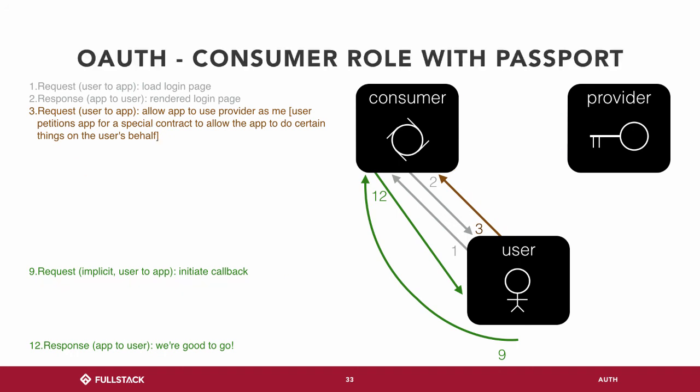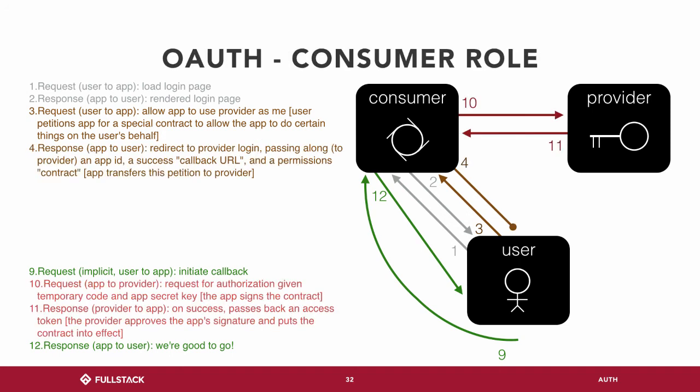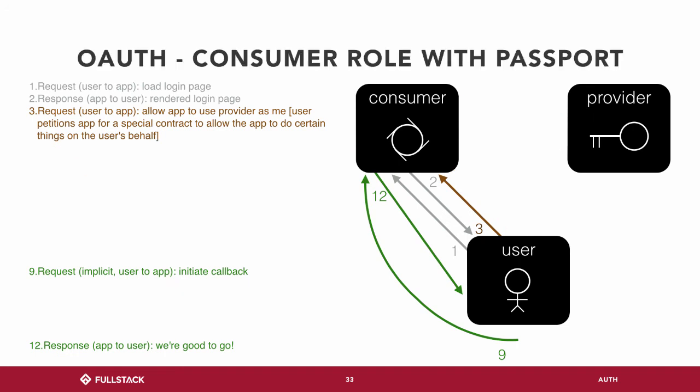So there's a module that we're going to use called Passport. And with Passport, a lot of this other work that was up here, we no longer have to contend with. The only things that we're going to have to do is have a link to go to the login page. We're going to have a login page. We're going to have a link that says you want to log in based on a specific provider.